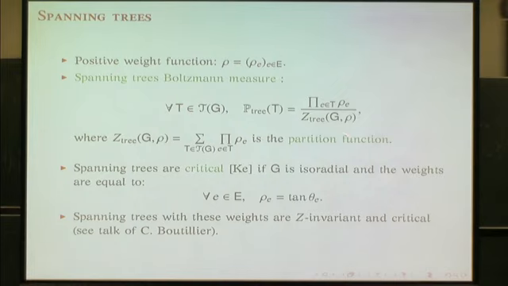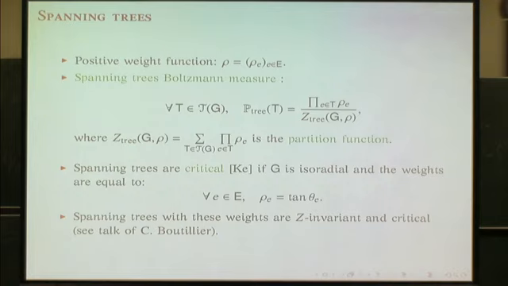And in this talk, we'll also be working with specific spanning trees that were introduced by Kenyon and called critical. So you assume again that the graph is isoradial. To every edge e, you assign an angle, and you choose the weight so that rho of e is tan theta e.